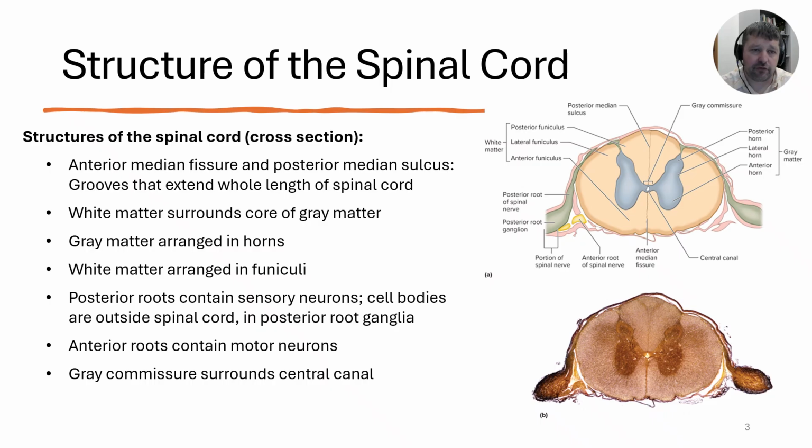Okay, in some cases that sensory information is going to the brain, so the pain receptors would be sent into the posterior horn, that information will be sent up to the brain.